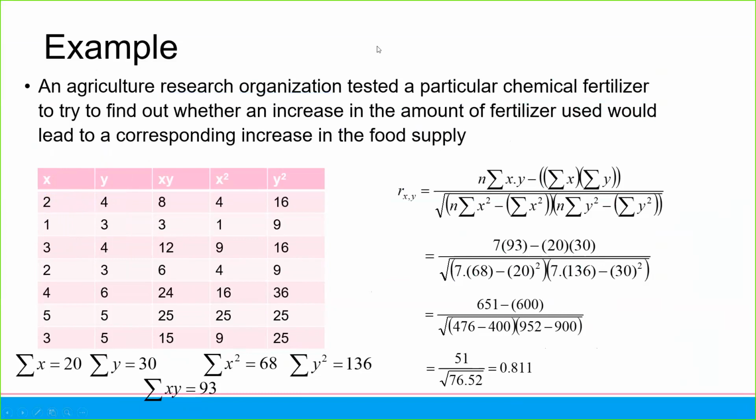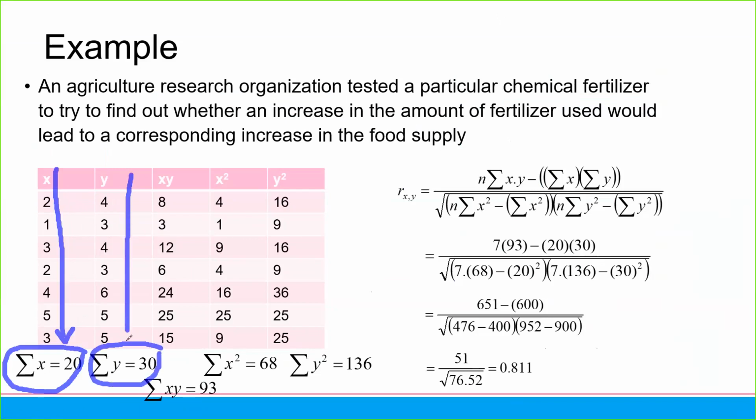The easy way to calculate this one is to get this one. The total X, it means we want to do the summation of X, and the summation of Y, we want to do the summation for all this Y. And then we have another variable, which is X multiplied by Y. It is 2 multiplied by 4, 8. 1 multiplied by 3 is 3. 3 multiplied by 4, it is 12.